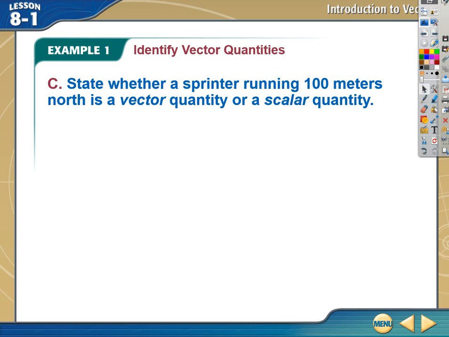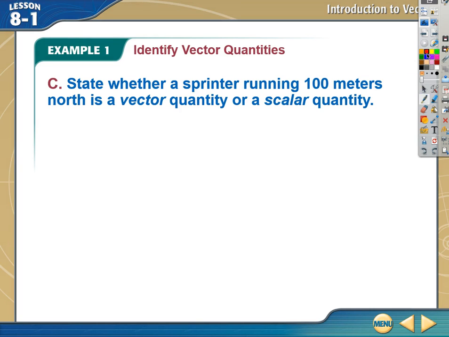So the previous one was a scalar, so write down scalar. Here we go. State whether the sprinter running 110 meters north is a vector or a scalar. Do you have the answer? Okay, so does it have magnitude and direction? Yes, it does.